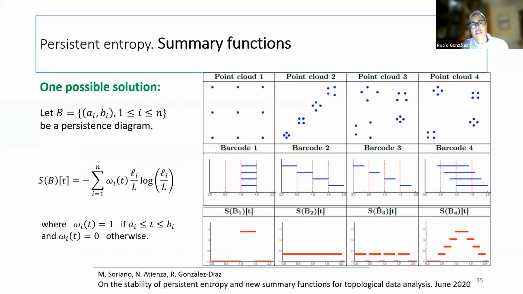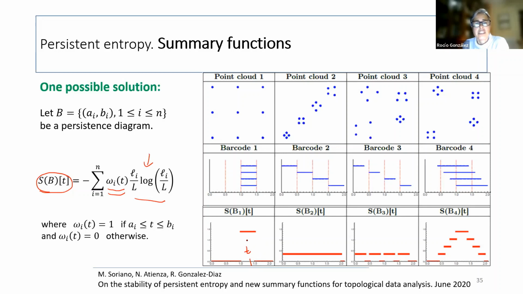What can we do in these cases? For dealing with them, we defined a summary function based on persistent entropy, in which we multiply by a weight. At time t, we sum the persistent entropy of the bars that are alive.